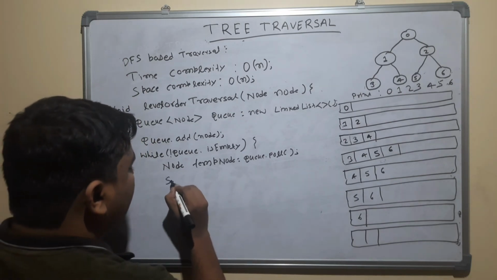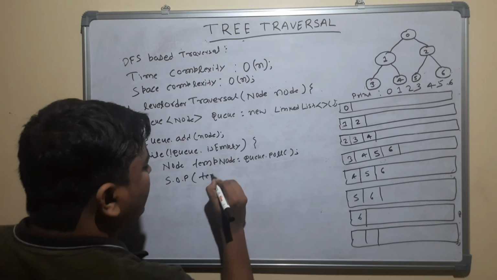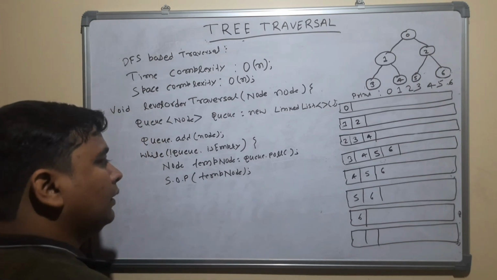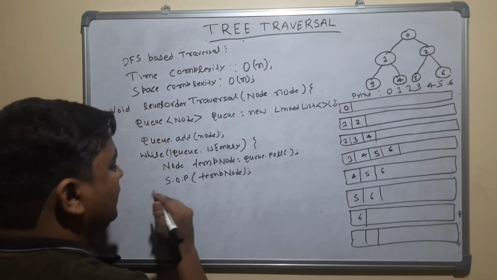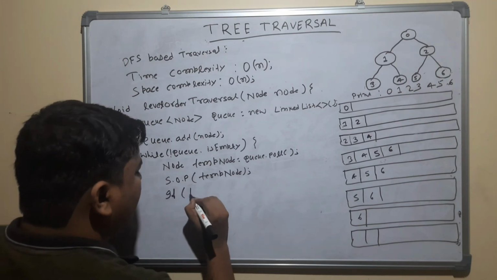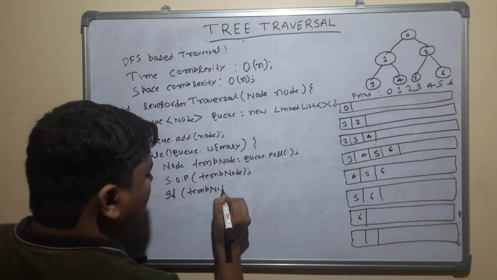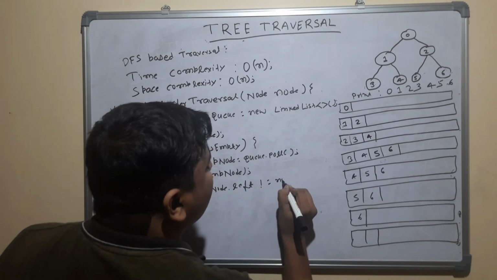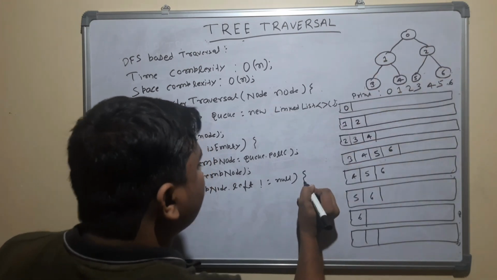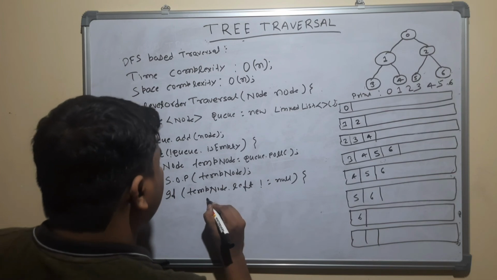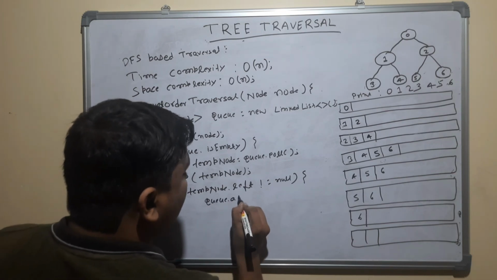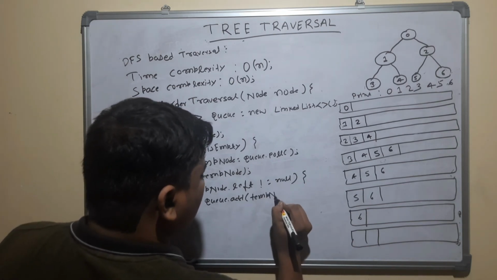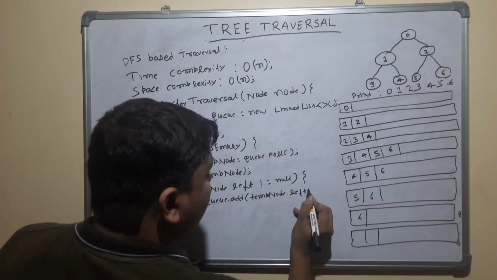Right. Now I will system.out.println the temp node data. Now if temp node dot left not equal to null, means if there is a child, then we will add the child to that queue, q dot add temp node dot left.